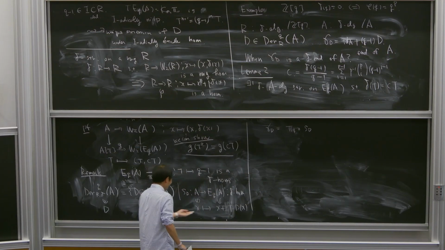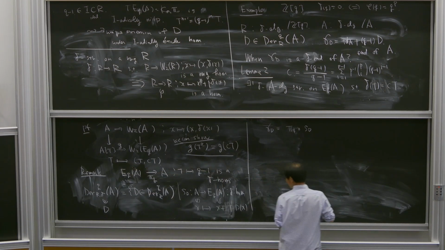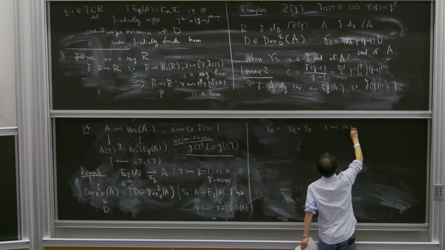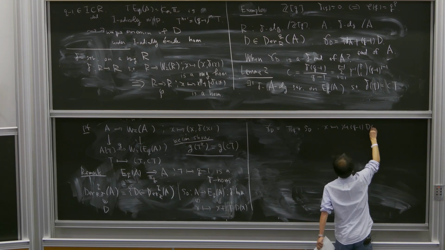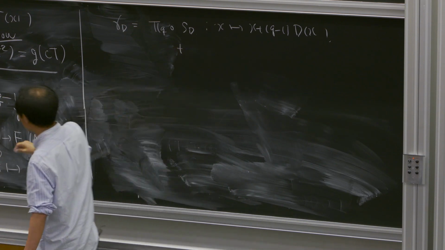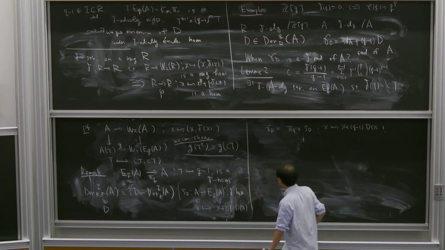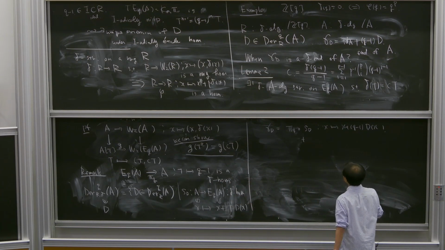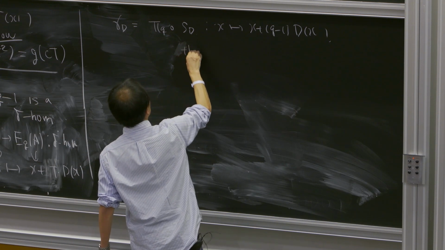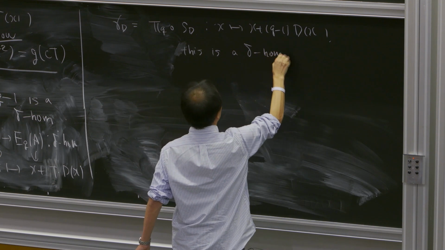So this should be T. And so then if you compose the two, x goes to x plus (q minus 1) dx. And we know that pi_q is a delta homomorphism, and by the condition, this is a delta homomorphism. So the condition is, yeah, this is a delta homomorphism. Okay.